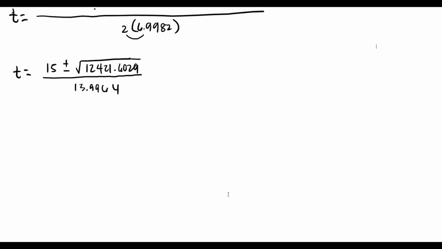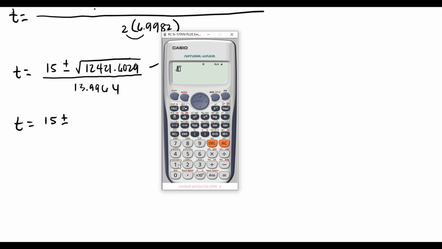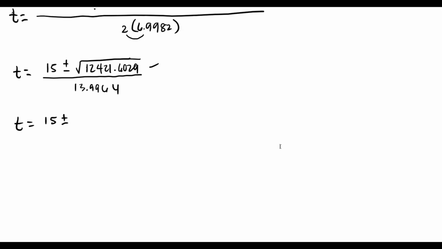Then to simplify, time equals 15 plus minus the square root of 12,421.6029, which equals 111.4522, over 13.9964.